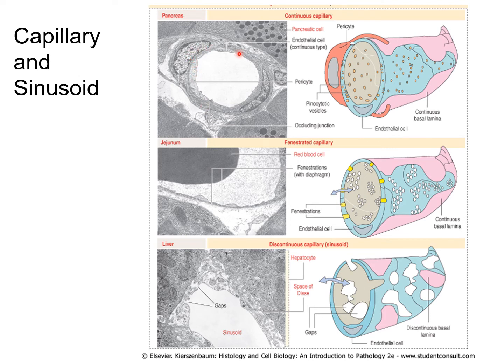So these three pictures are different types of capillaries. See, the most prominent feature of the capillary is the absence of smooth muscle in the tunica media. The capillaries have only endothelium.